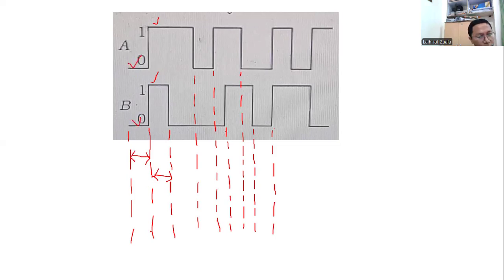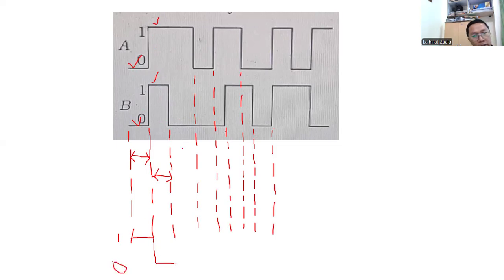If both of them are 0, that means the output is 1 according to the NAND gate truth table. So this is, let's say, 1. Now between the next interval here, A is 1, B is 1, so the output will drop down to 0. So this is the 0 level.